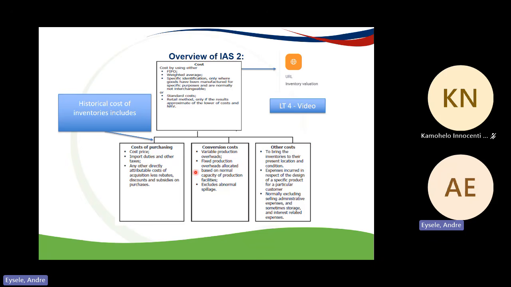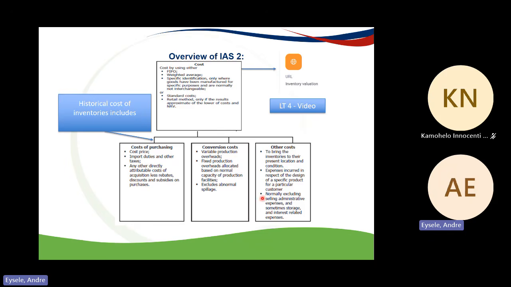Then, colleagues, out of the WIP, you take those completed bicycles and those costs, and that is your finished goods. For the finished goods, you can bring in other costs to bring them to their present location and condition, which will include expenses necessary to bring the finished goods to a condition and location to make a sale.